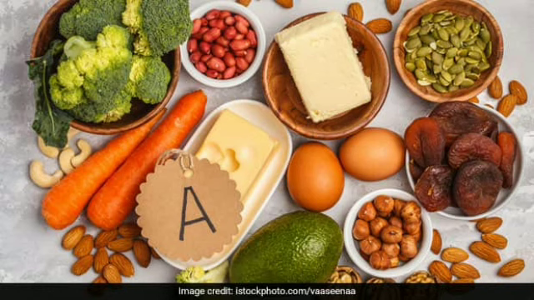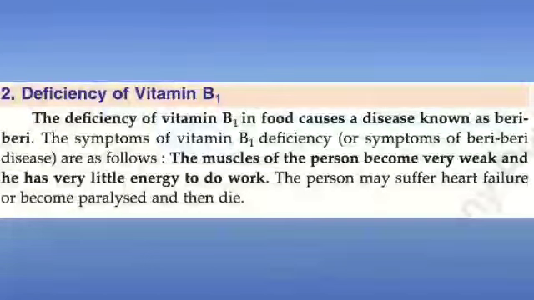So, how can we prevent ourselves from night blindness? By taking vitamin A rich food like milk, butter, eggs, green leafy vegetables, and papaya in our diet. Now, come to deficiency of vitamin B1. The deficiency of vitamin B1 in food causes a disease known as beriberi.